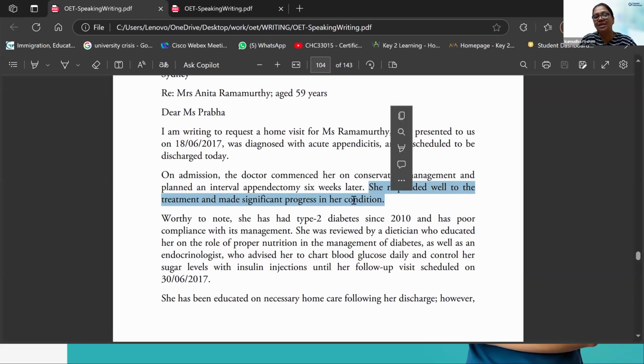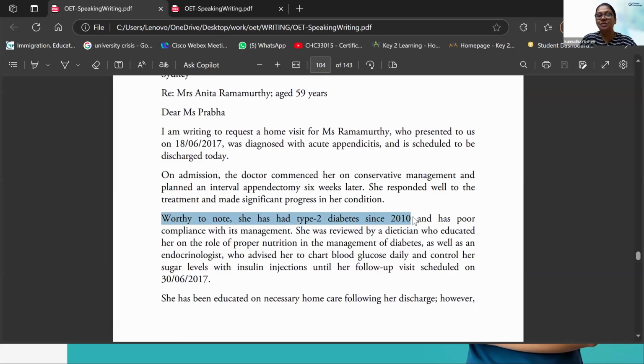This is all the information that is needed for this nurse, that she has a surgery after 6 weeks. Now, worthy to note, this is very important: she has had type 2 diabetes since 2010, because this is relevant information, and has poor compliance with its management. She was reviewed by a dietitian who educated her on the role of proper nutrition in the management of diabetes.